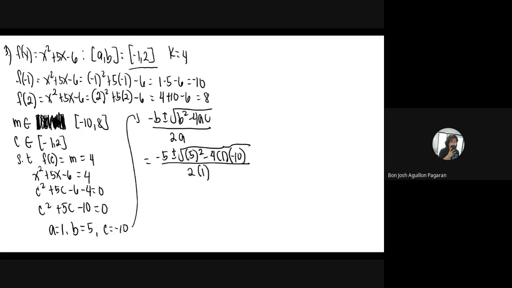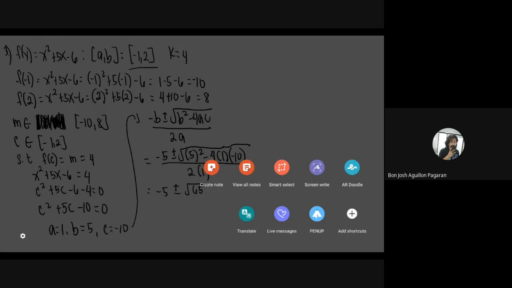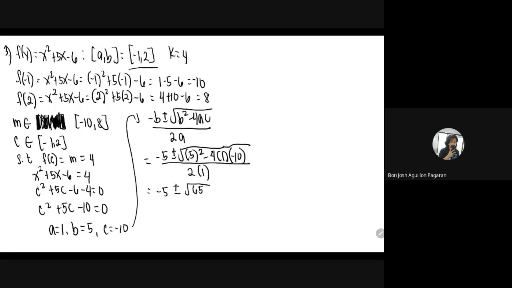So negative 5 plus or minus, when you are going to simplify the terms inside the parentheses, that's 5 times 5, 25. 25 plus 40, that will give us 65. Okay, negative 4 times 1, that's negative 4.